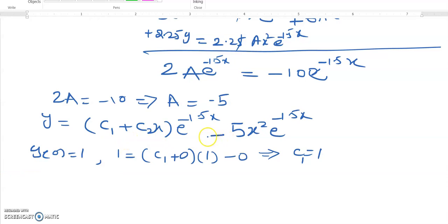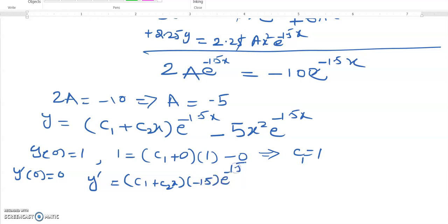Now we can apply the second initial value, y prime(0) is equal to 0. So y prime can be found by differentiating. It will be c1 into minus 1.5 e power minus 1.5x, plus c2 into e power minus 1.5x, plus c2 x into minus 1.5 e power minus 1.5x. For the last term, we can take the derivative, but both terms will include x.